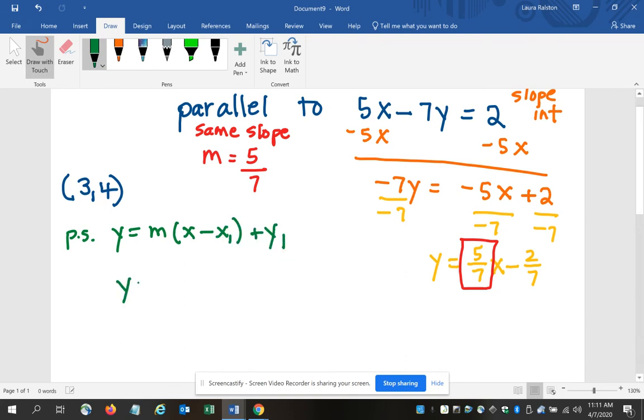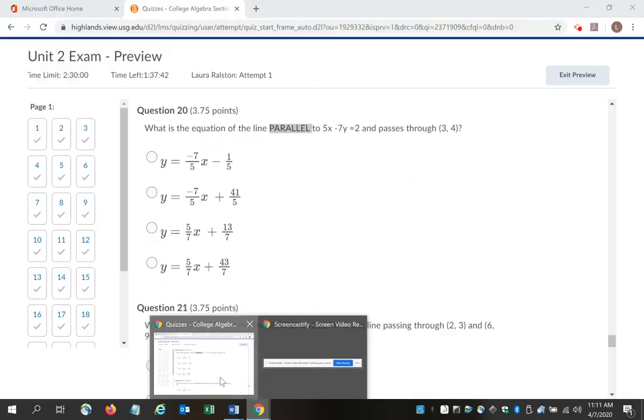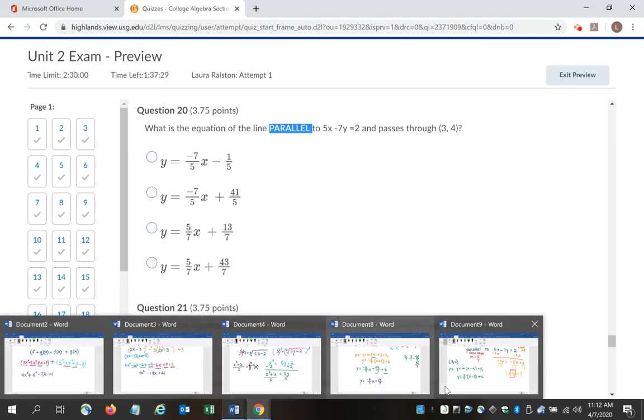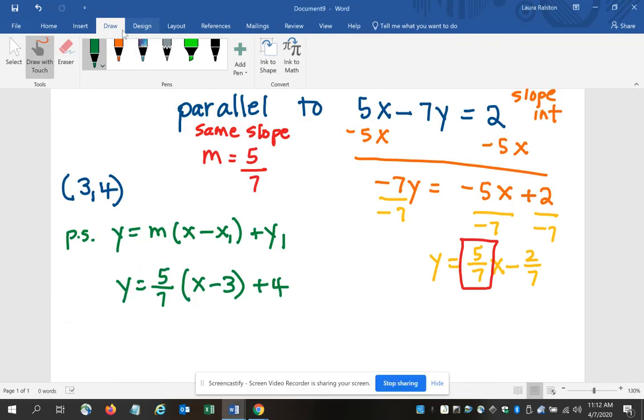So I would have y equals 5/7 x minus 3 plus 4. And again, if I look at my answers, I have two answers that have 5/7. So if I had to guess, I've got a 50-50 chance. All right, so let's see if we can finish working this out.